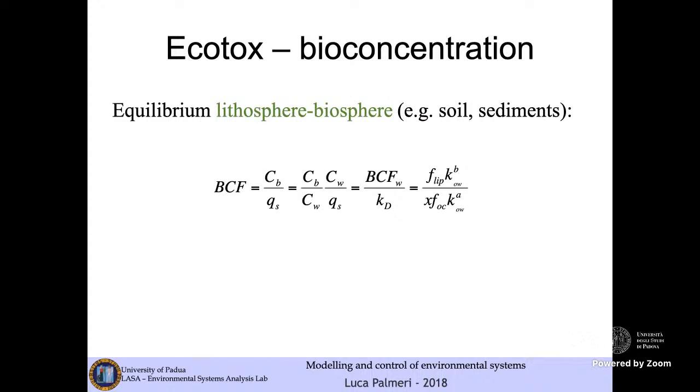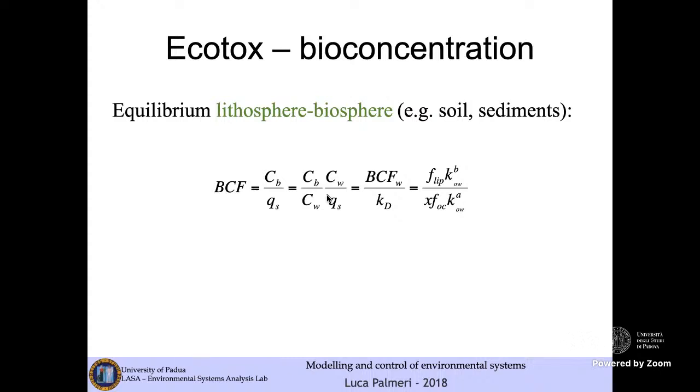So here we are trying to describe the process of bioconcentration of contaminants into biota from contaminants that may be found onto a lithosphere, onto the solid phase. So again, we write that the bioconcentration factor in this case is equal to the concentration in biota divided by the concentration in the solid phase.